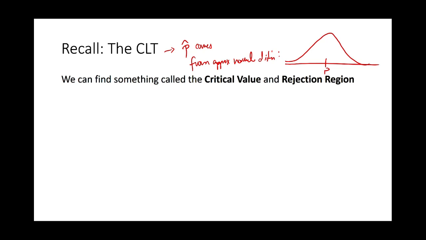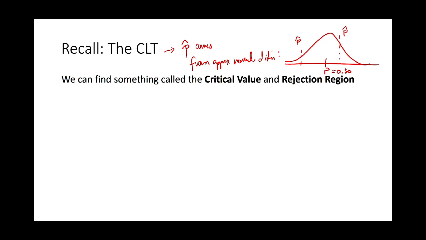Right? And sometimes our p hat will be a little high, and sometimes our p hat will be a little low. But even if this professor was telling the truth and the truth was actually 80%, just by random chance, sometimes we'll get p hats up here, sometimes we'll get p hats down there. It just happens.